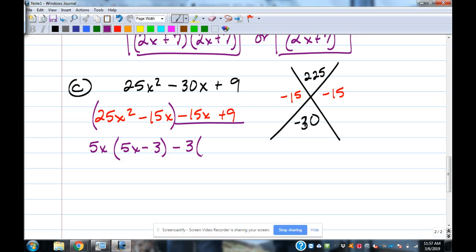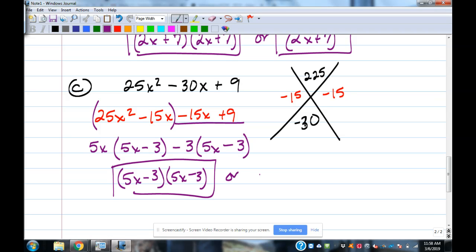And what's that leave in the parentheses? 5x minus 3. So they match. Means we did something right. So that's 5x minus 3 and 5x minus 3, or 5x minus 3 squared. Whichever way you want to write that.